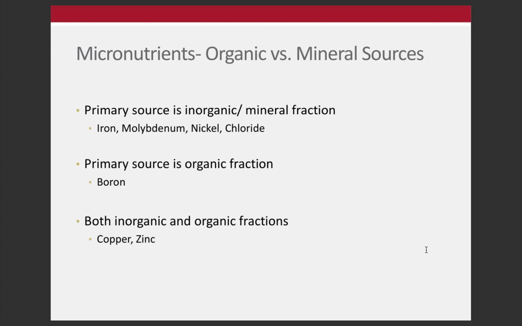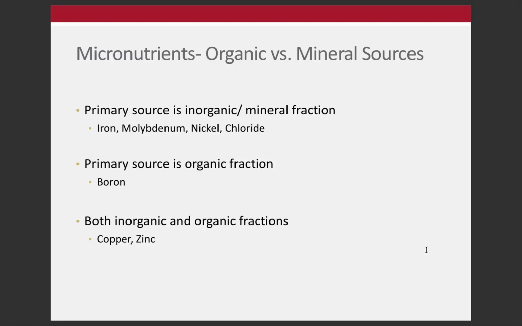So the primary source is the inorganic, or that mineral fraction that we've talked about most of the semester. And there's 5 of those, as that table indicated: iron, manganese, molybdenum, nickel, and chloride. The primary source coming from that organic fraction, so this would be synonymous with the nitrogen and sulfurs in terms of primarily cycling through that organic fraction, that's boron.